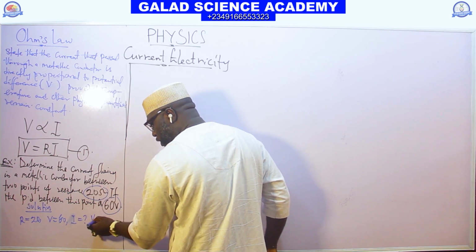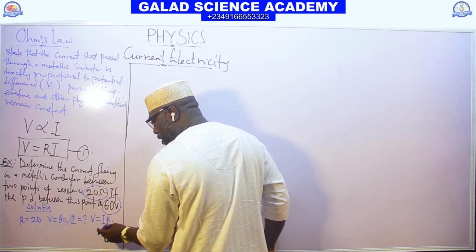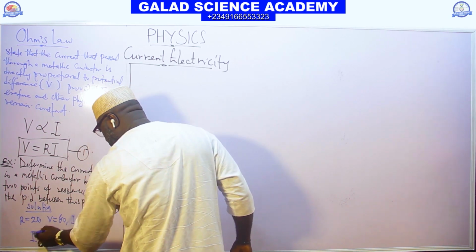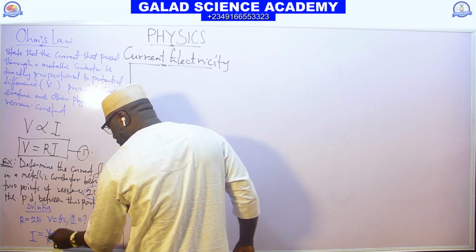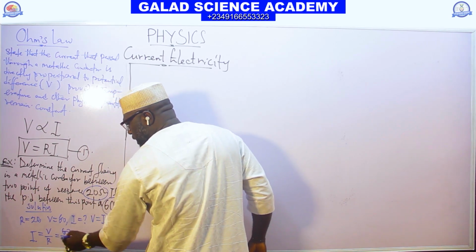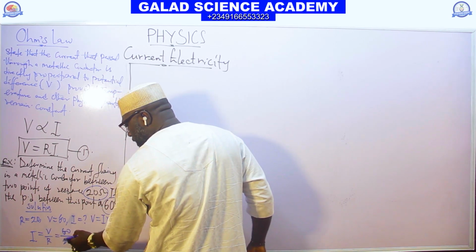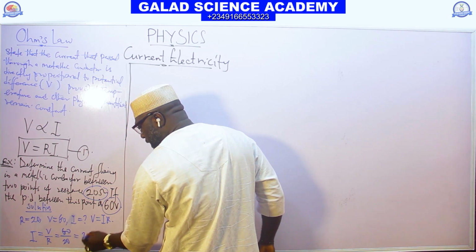Ohm's law is V equals IR, so our current will be V over R. V is 60 and R is 20, so we have 3 amperes.